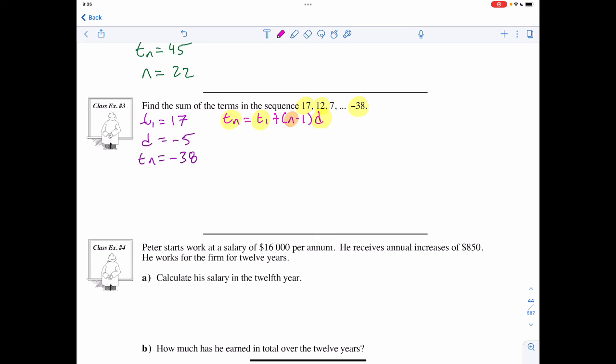So if negative 38 is equal to 17 plus n minus 1 times negative 5, I'm going to subtract T1 from each side and get negative 55 is equal to n minus 1 times negative 5. I'm going to divide both sides by negative 5 and say 11 is equal to n minus 1. And then I'm going to add 1 to both sides and say that 12 is equal to n. So I know that there are 12 terms in the sequence.